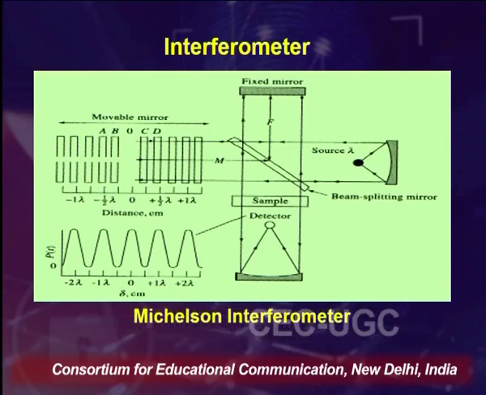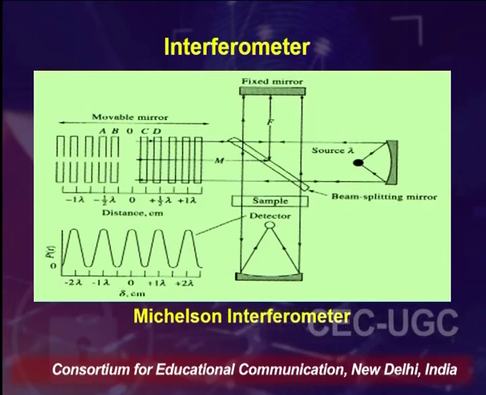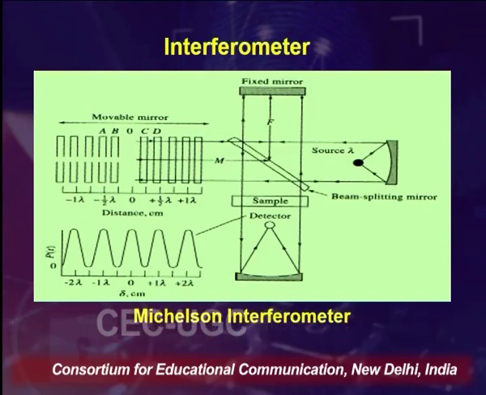Depending upon the radiations, the beam splitter passes them through the sample. The sample takes the radiations as constructive and destructive radiations. Whenever this is passed through it, an interferogram is prepared. The lower part we can see is the interferogram, and this interferogram is detected by the detector.